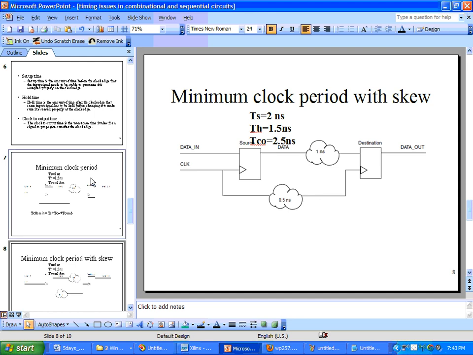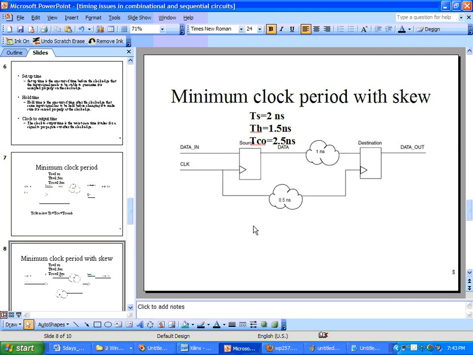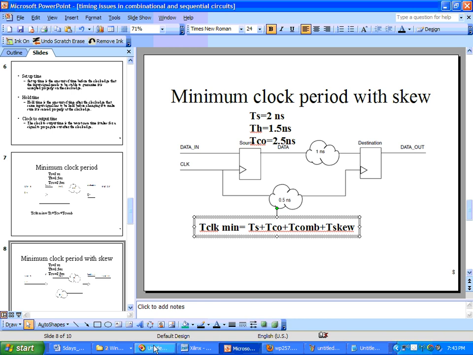Is it okay? So what is the equation now, including the skew delay? The equation will become TCLK minimum plus TS plus T skew. Clear? Okay, there are other analyses related to skew. Let us say in our analysis TCLK minimum has come to 6 nanosecond. Then at what frequency do you want to run? That is called TCLK.